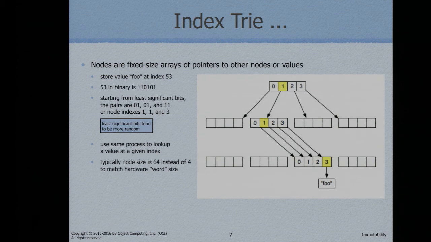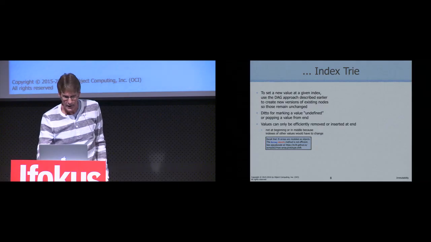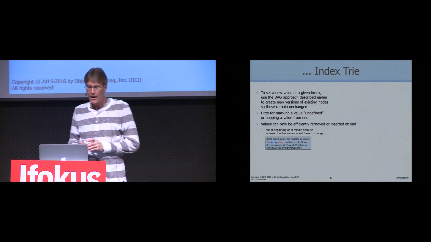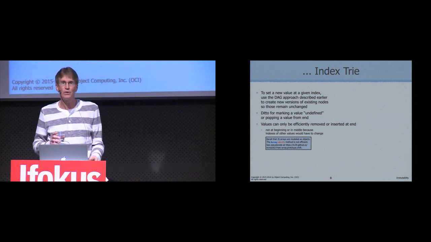So looking at this picture, if I need to store a new thing at, say, the first block there, then I need to make a copy of that, and then I need to connect up all the ancestors with new nodes that are these fixed size arrays. So it works just like the DAG idea, where I won't be modifying my tree, I'll be creating a new tree to store that value. Now, for this index tree, that's only efficient if I'm adding things to the end.